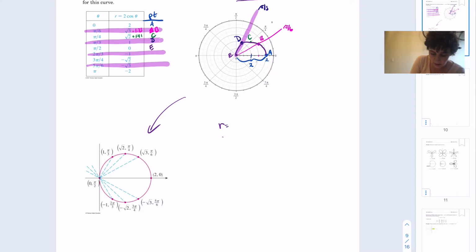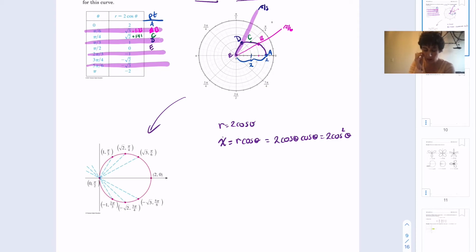We know that r is equal to 2 cos theta. That's coming from here. We know that x, well, that is r cos theta always. That's how we convert. So this is 2 cos theta times cos theta, which is 2 cos squared theta.